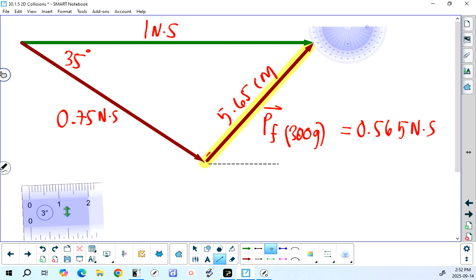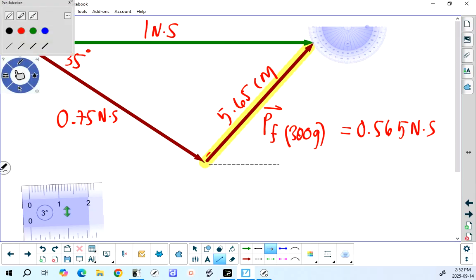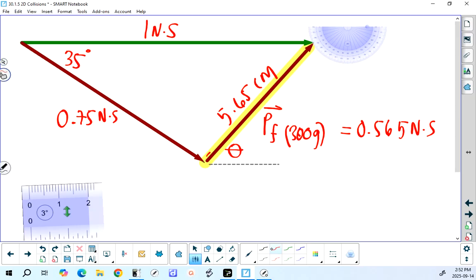So we need to measure this angle here. Now the difficulty for you is that you have to draw that dotted line nice and horizontal. It has to be drawn parallel with that green line at the top. With me, that's not an issue because this line kind of locks into place as soon as I get it to be horizontal. So you're going to have to do a bit of eyeballing here. I need to measure that angle.